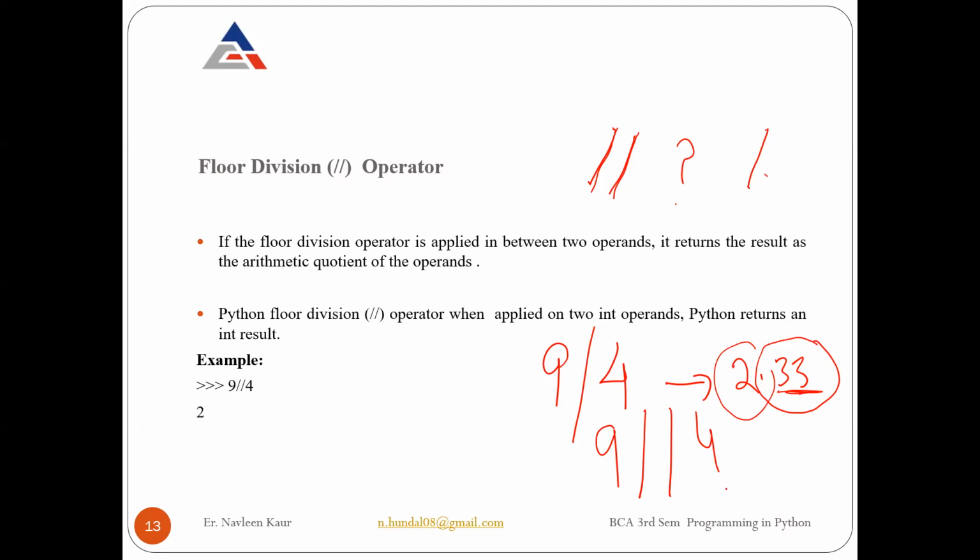This is floor division of these two. It will return only the integer part and discard the decimal part. Whereas if you do 9 divide by 4, it will give you a decimal like this.